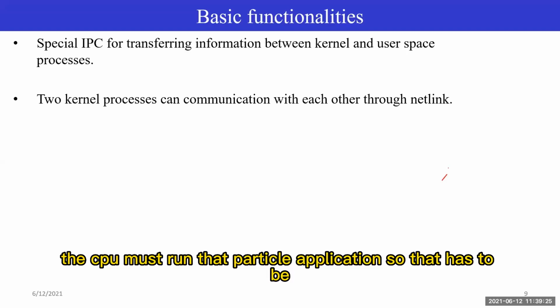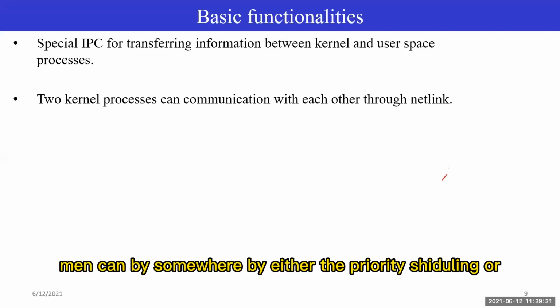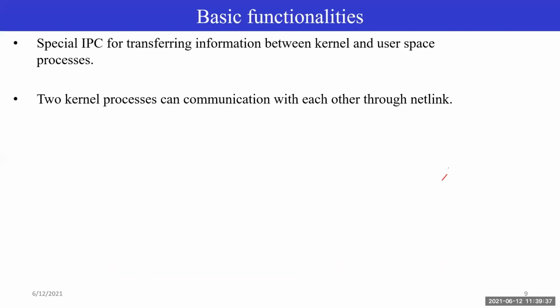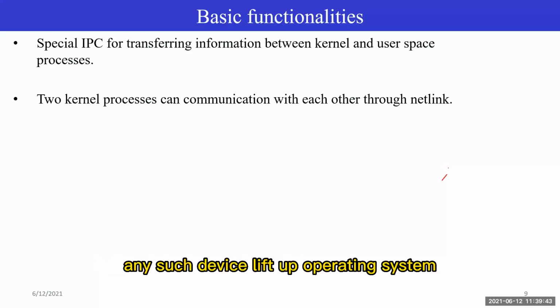Correct. The CPU must run that particular application. So that has to be maintained somewhere, either by priority scheduling or by customizing the scheduler, something like that. But that is the problem of Linux or any desktop operating system.